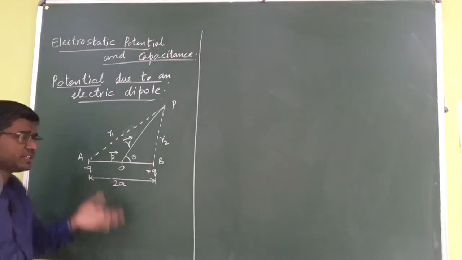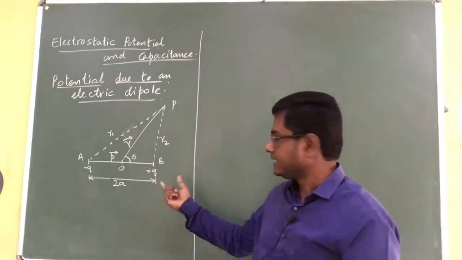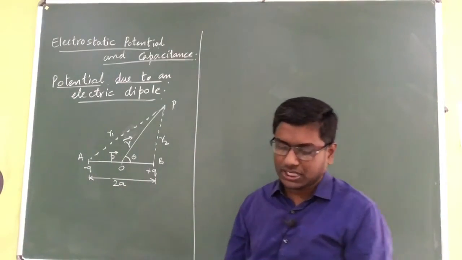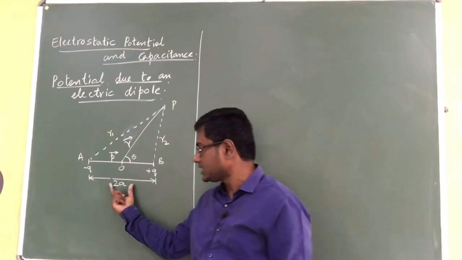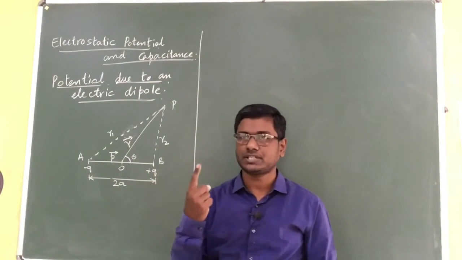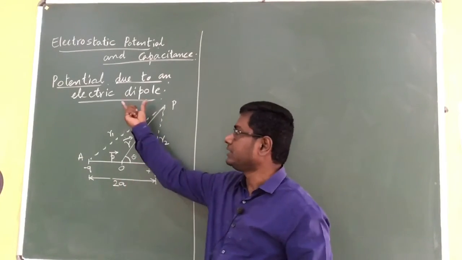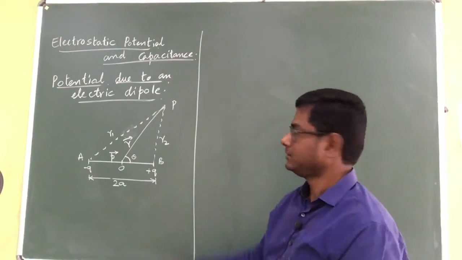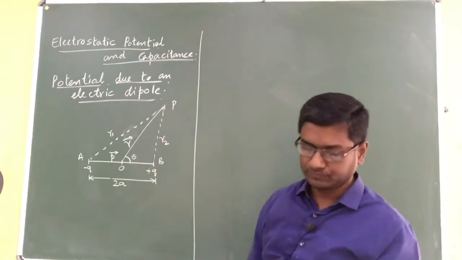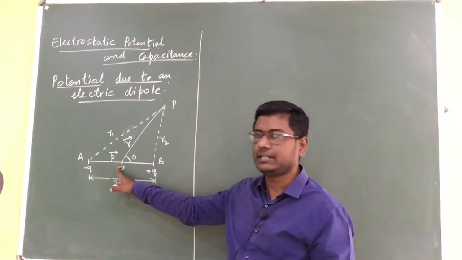After that, the explanation. What is the explanation about the diagram? Consider an electric dipole with charges minus q and plus q separated by a distance 2a. That will be your first sentence about the main thing with which we are going to calculate our potential. Then, what is the next highlight? It is our point P. So let P be a point at a distance r from the center of the dipole.